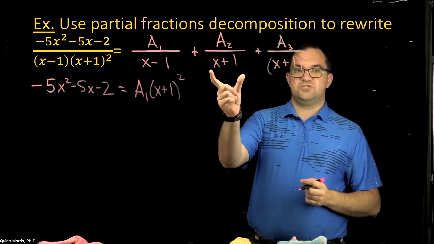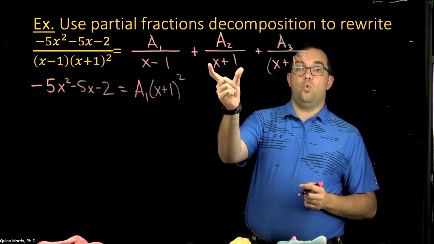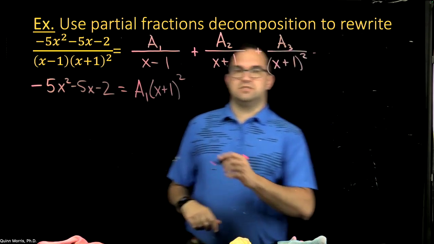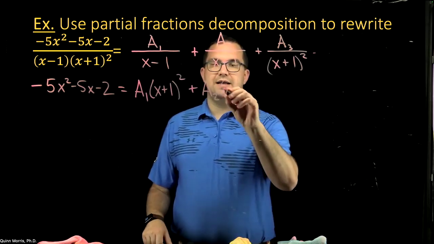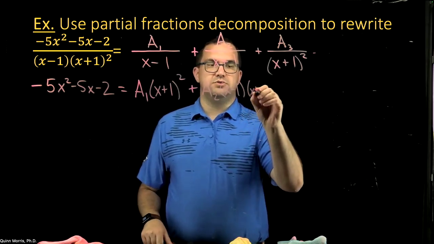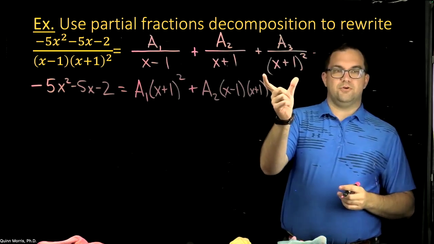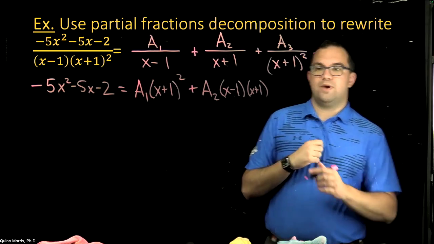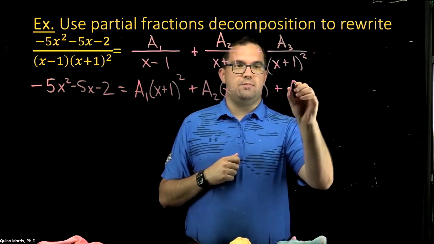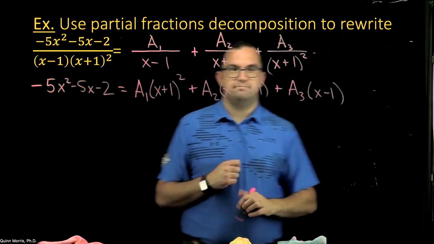When I multiply the next term, one of the x plus 1 factors is going to cancel, and I'm going to be left with a2 times x minus 1 times x plus 1. When I multiply the last factor, the x plus 1 squareds will cancel, and I'll be left with a3 times x minus 1.